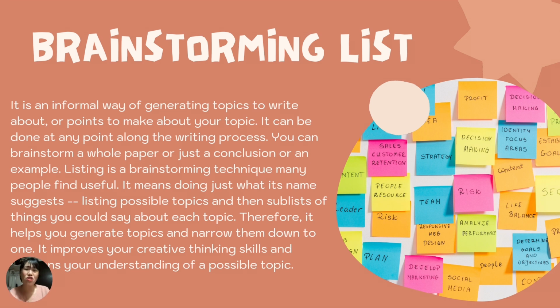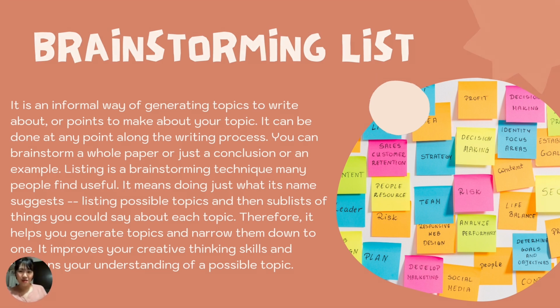It means doing just what its name suggests, listing possible topics and then sublists of things you could say about each topic. So therefore, it helps you generate topics and narrow them down and improves your creative thinking skills for you, my dear students, to understand the possible topic.